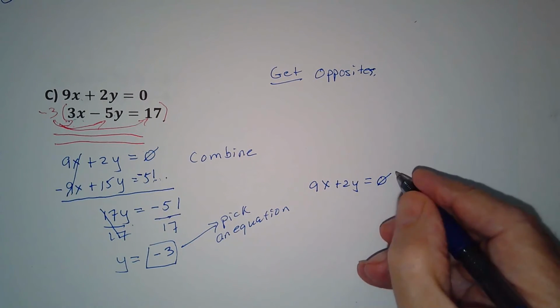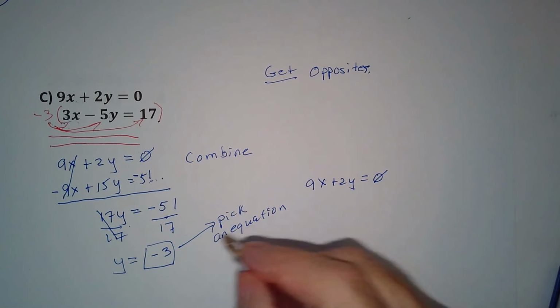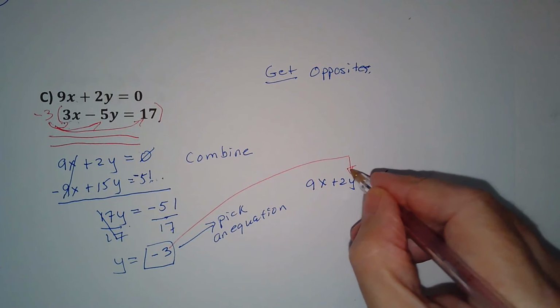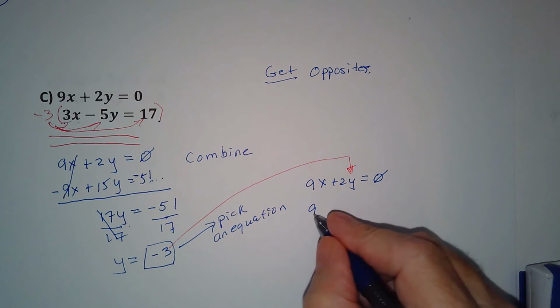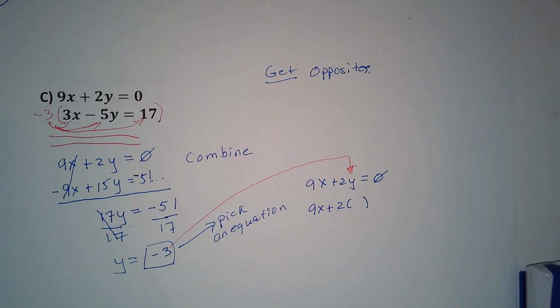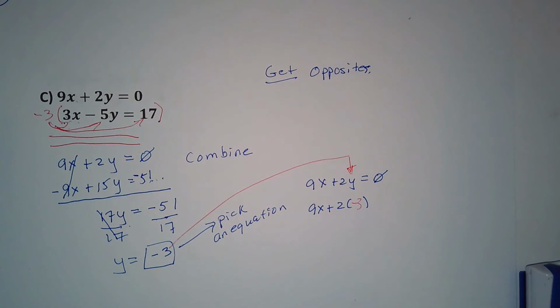So 9x plus 2y equals 0. All right? So I'm going to plug in negative 3 here for my y. So I'm going to plug that in right here. That means I'll have 9x plus 2 times negative 3, and that equals 0.